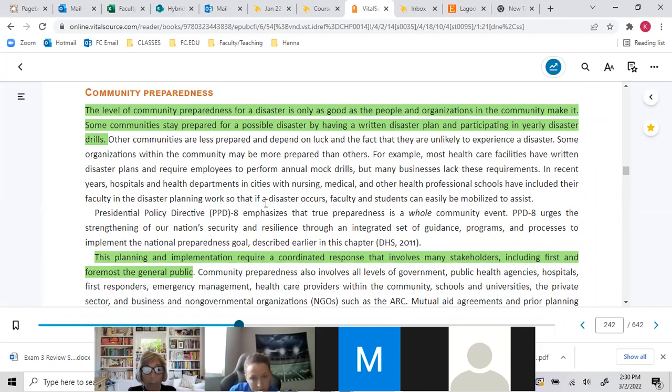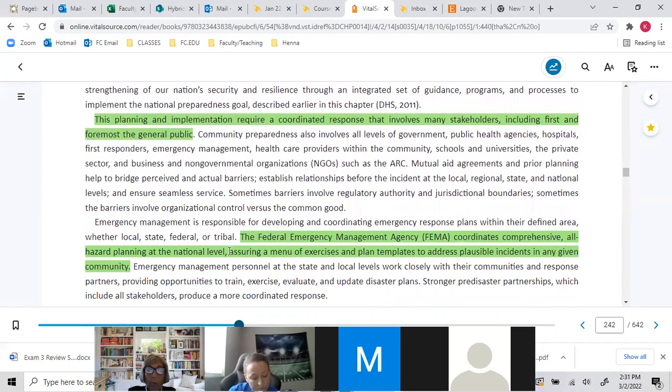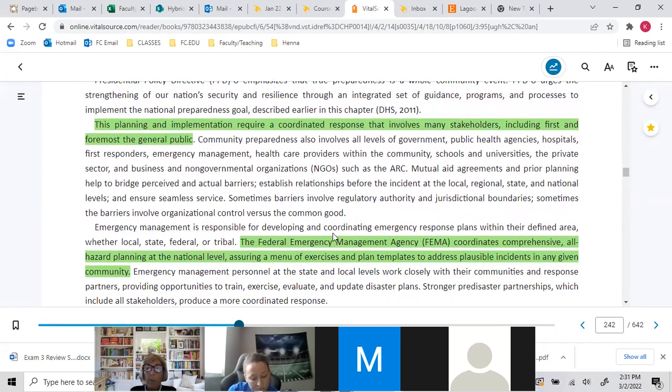And when a disaster happens, you can tell how well a community has planned. Right. And we know that the planning and implementation require a coordinated response that involves many people. But we have to pull the community in to be participating in that preparedness.